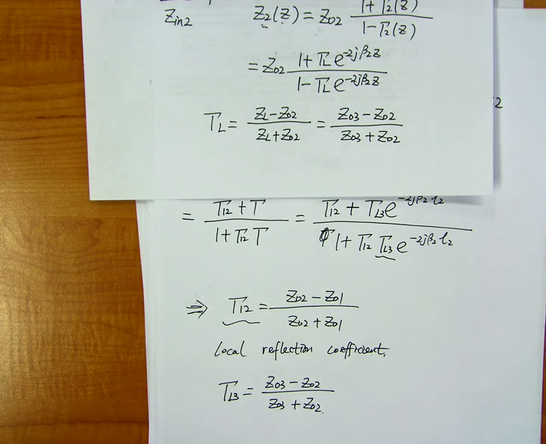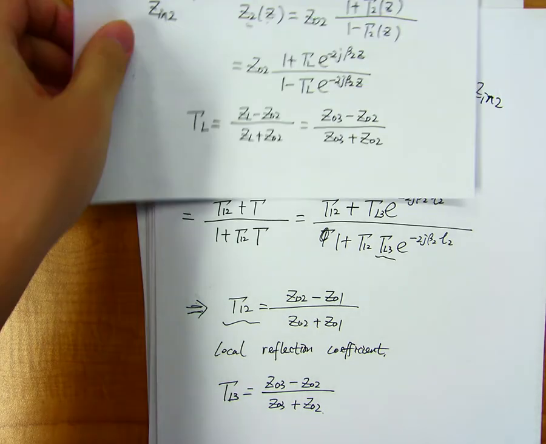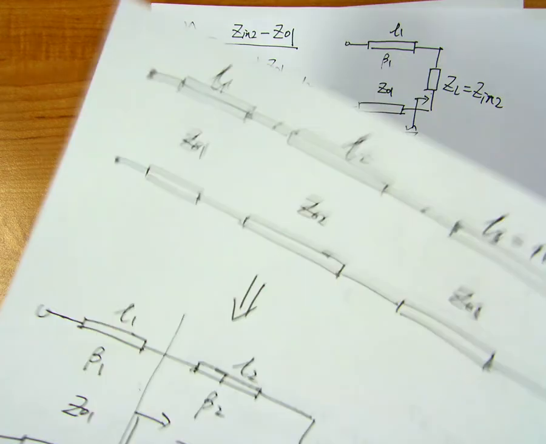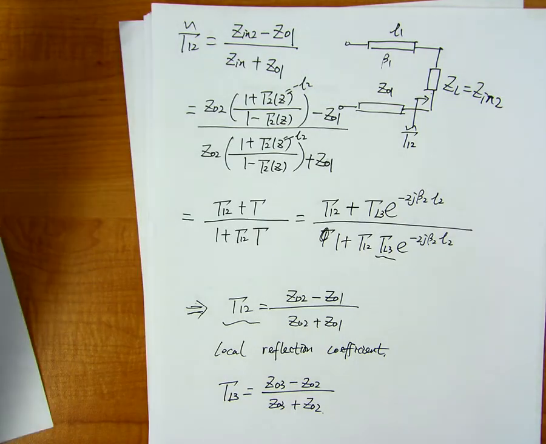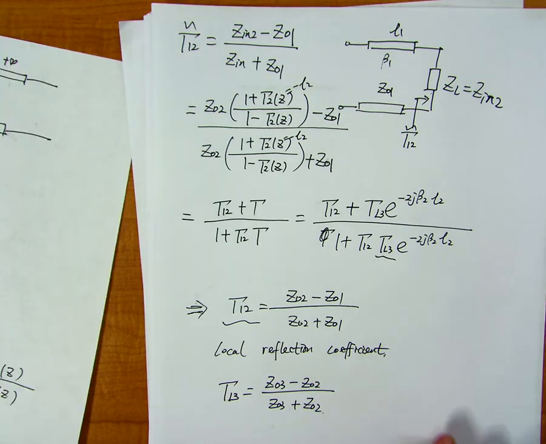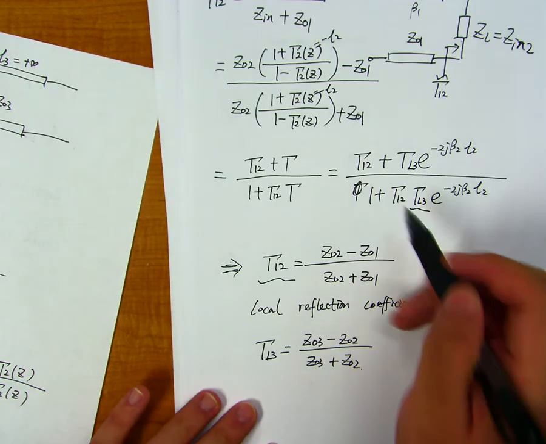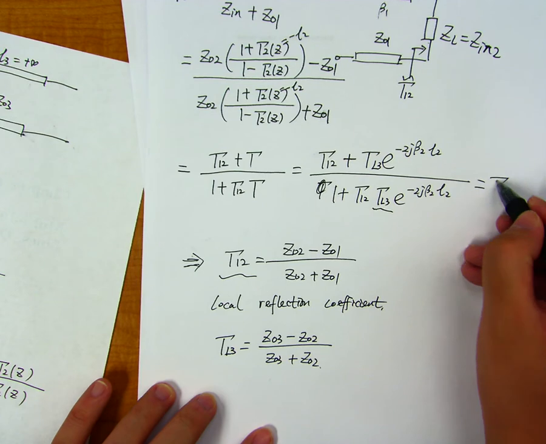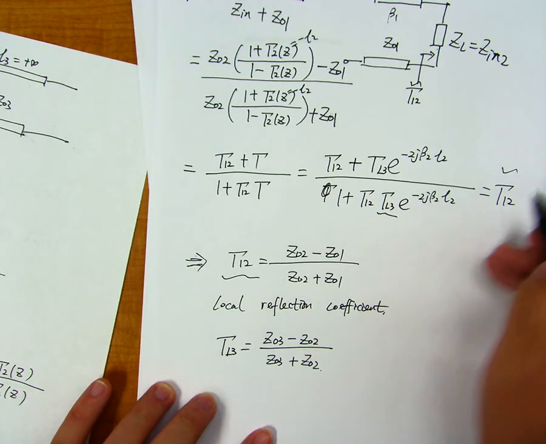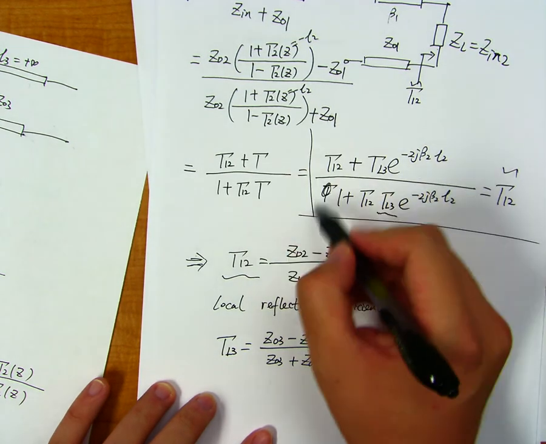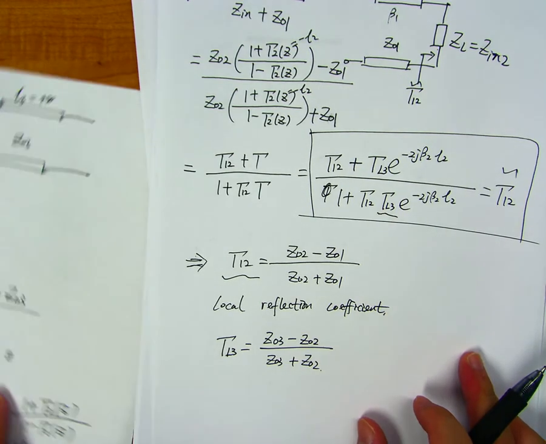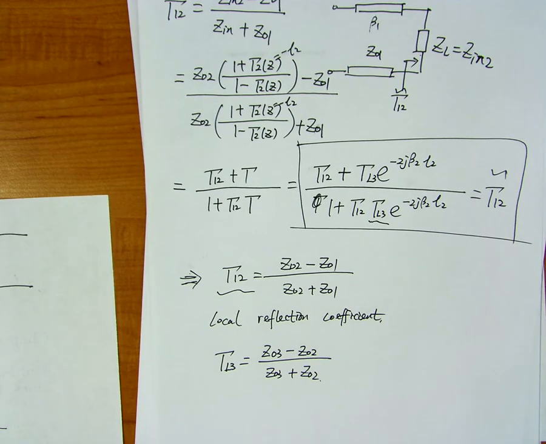So we are just trying to figure out the equivalent circuit in a recursive manner, and then we can solve this problem. And actually, this expression here is a very powerful formula that is very convenient for you to find the input impedance and reflection coefficient for multi-junction transmission lines.